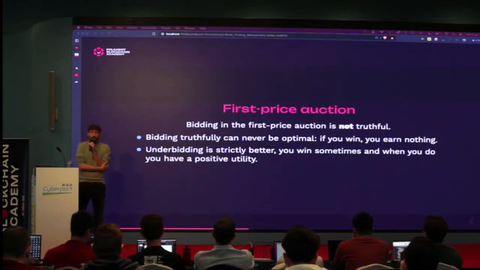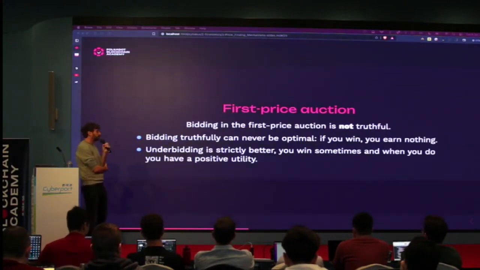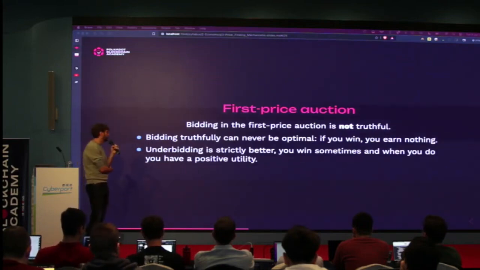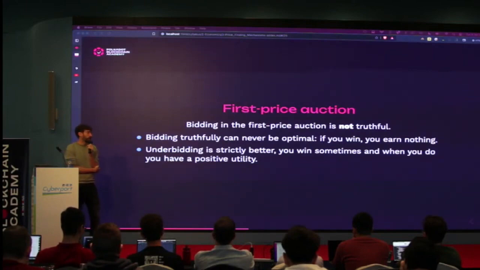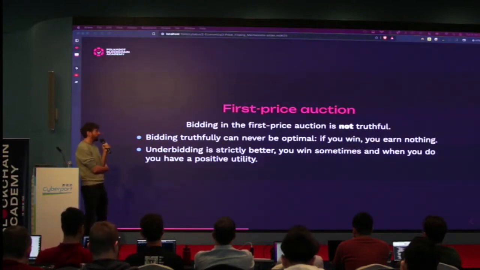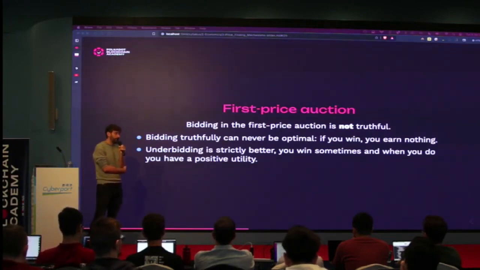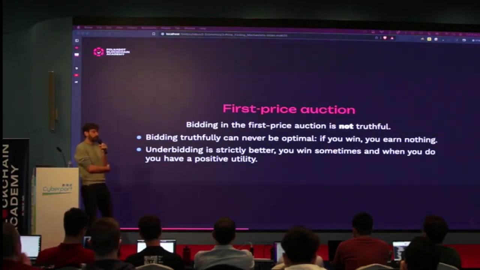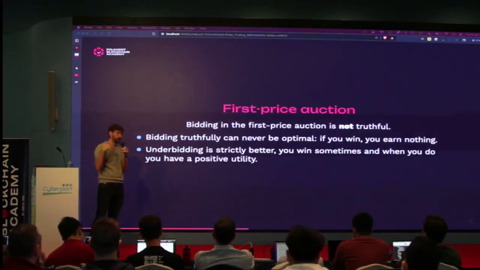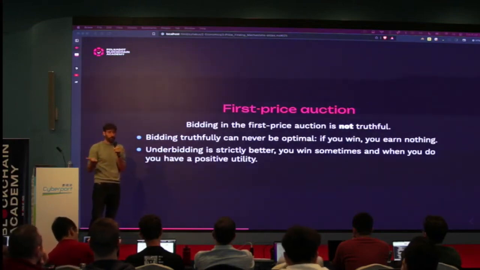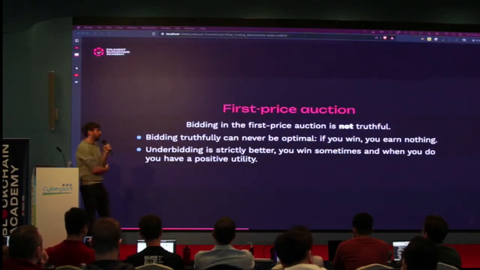One of the theoretical results is that bidding in the first price auction is not truthful. And that is quite intuitive if you think about it. Bidding truthfully can never be optimal, because every time you win, you gain nothing, right? You value the good at 100, you bid 100, you win, you pay 100, you have a surplus of 0.